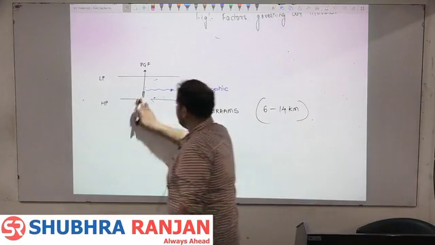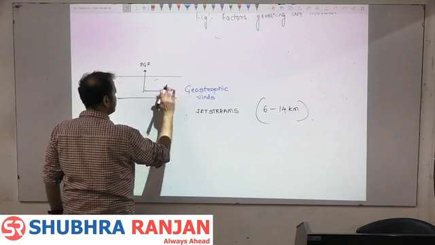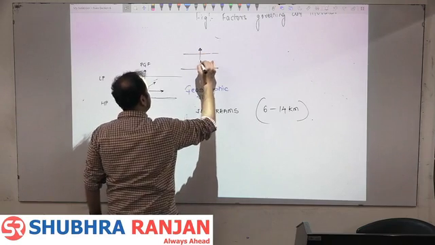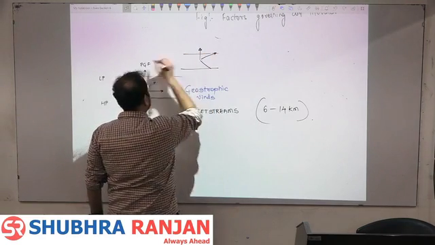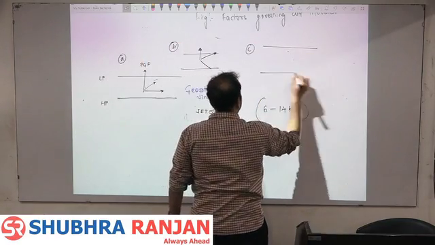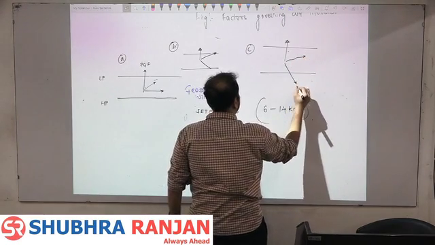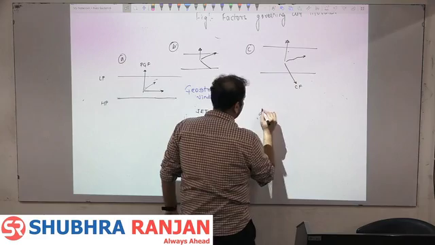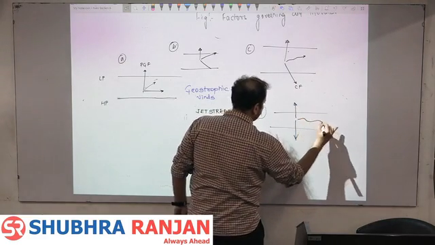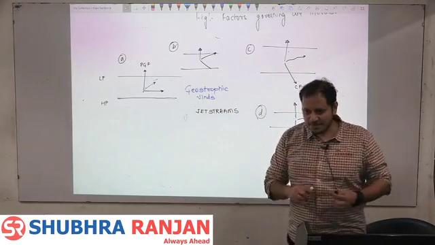Diagram is this is the actual diagram. 4 stages of geostrophic winds.